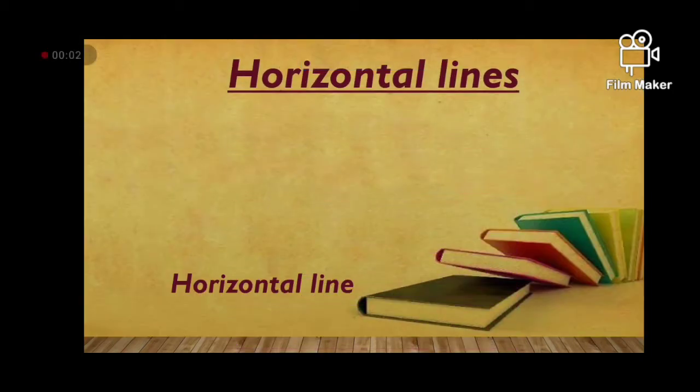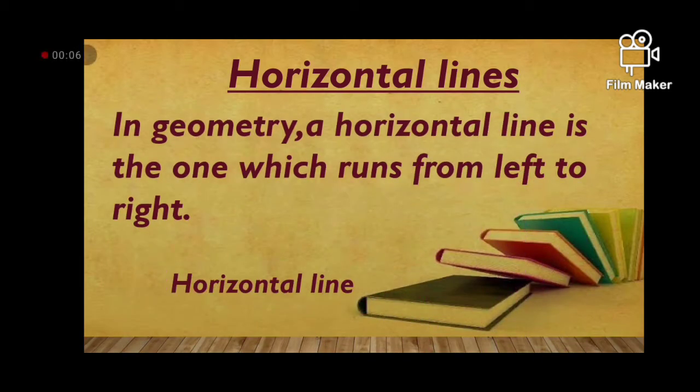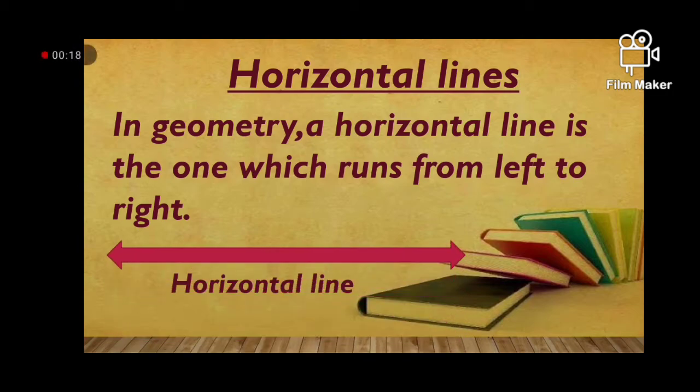Now, what are horizontal lines? In geometry, a horizontal line is the one which runs from left to right. Now let's see the example. This is a horizontal line.